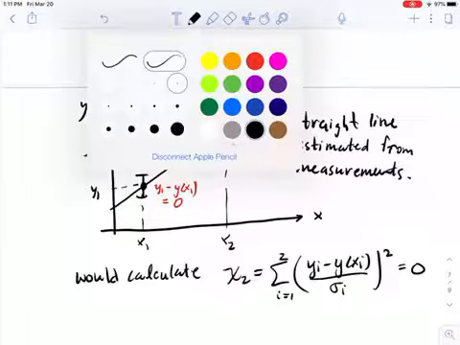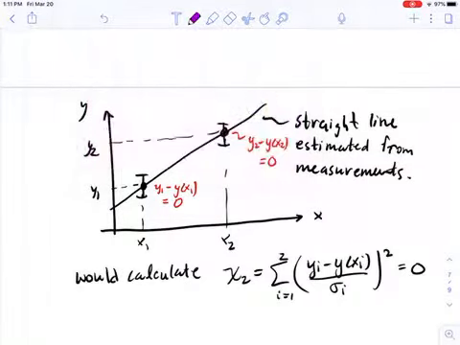Okay, but we could do the same thing we tried to do last time. We could say, well, let's suppose that we somehow knew what the true straight line looked like, and it's not exactly the straight line that we estimated from the data. It is this purple line.